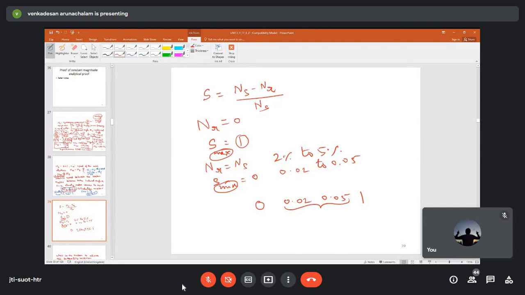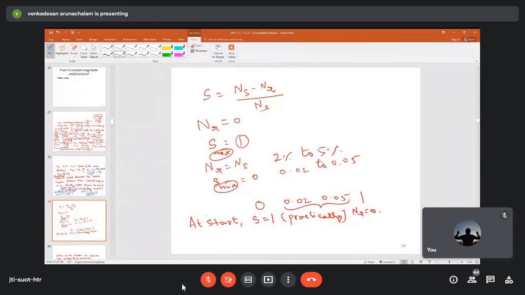So during the starting of the motor, this is very, very important. At start, the slip of the motor will be 1 practically, because your rotor speed will be 0.